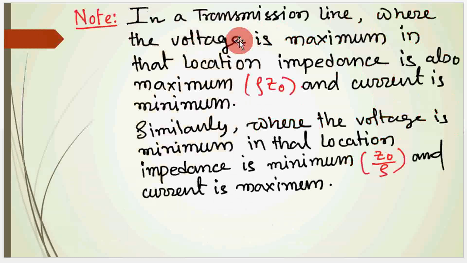So in the transmission line where the voltage is maximum, in that location the impedance is also maximum, that is ρ Z0, and the current is minimum. And similarly where the voltage is minimum, in that location the impedance is minimum, and so the voltage and impedance are in proportion, and the current is maximum in that location where the voltage is minimum.